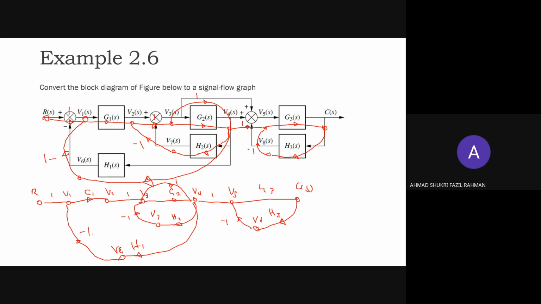So this is the equivalent signal flow graph from this block diagram.